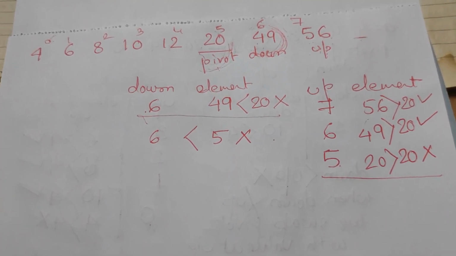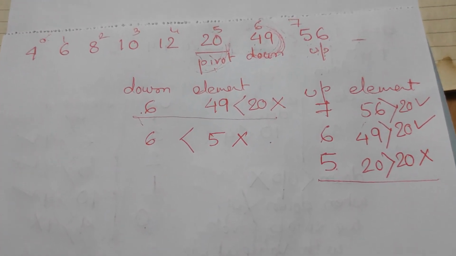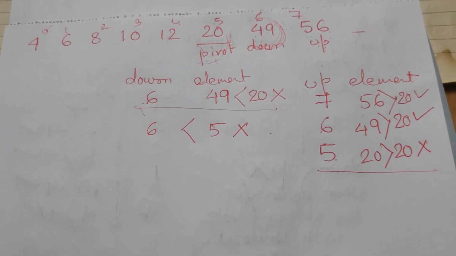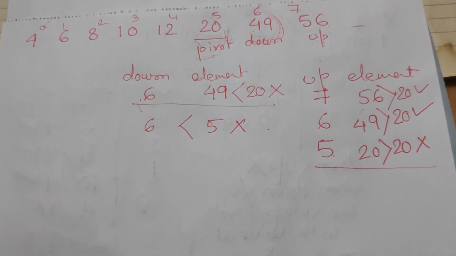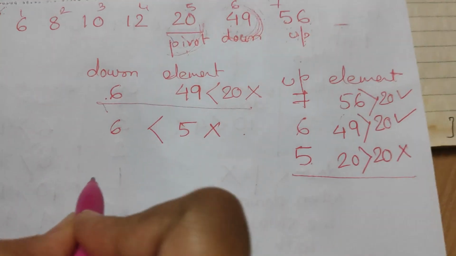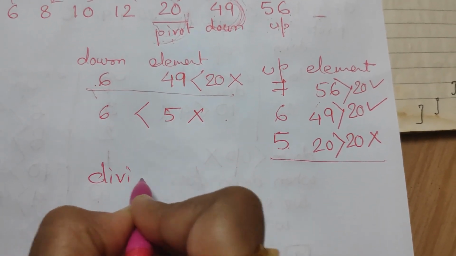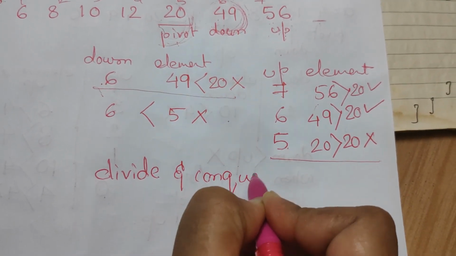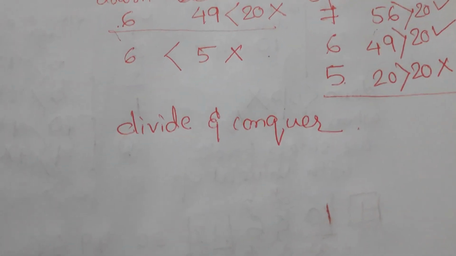So if pivot element is at its correct position, then the array gets divided into two sets, the left set and the right set, and we separately sort the left and the right set. Now this quick sort algorithm, for that reason, is called divide and conquer. Quick sort takes the policy of divide and conquer.